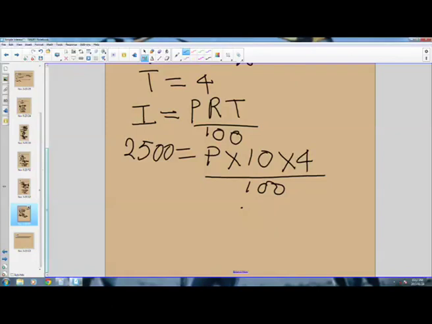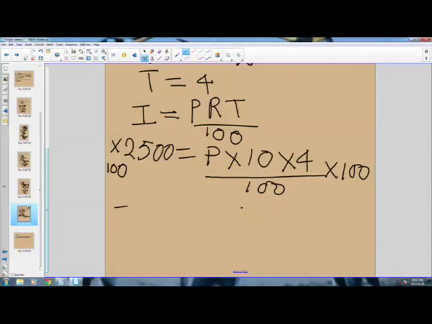It's just like an equation. We are now solving for P. How do we solve for P? We can multiply both sides by 100. If we multiply here by 100, we multiply this side also by 100.